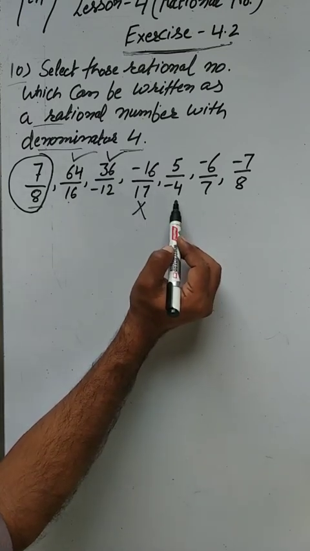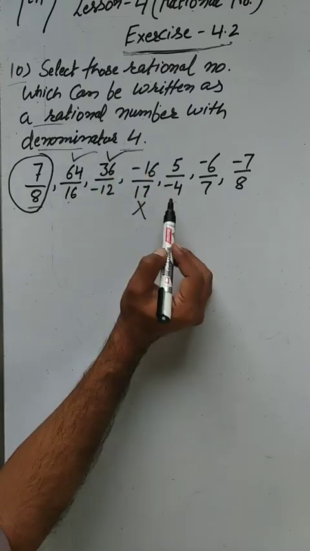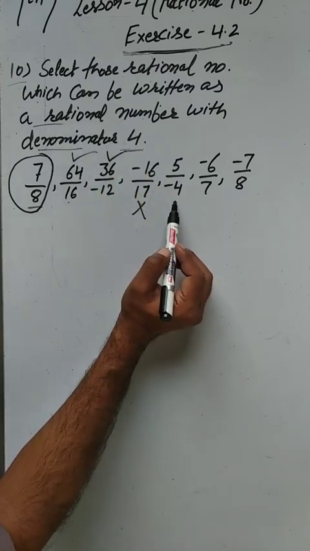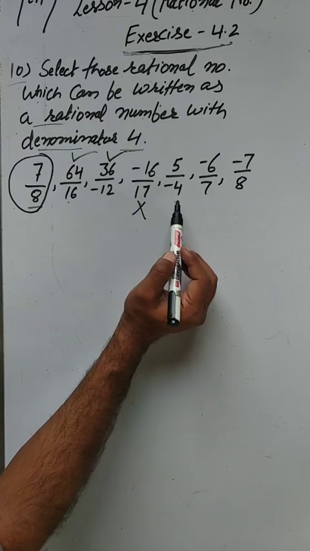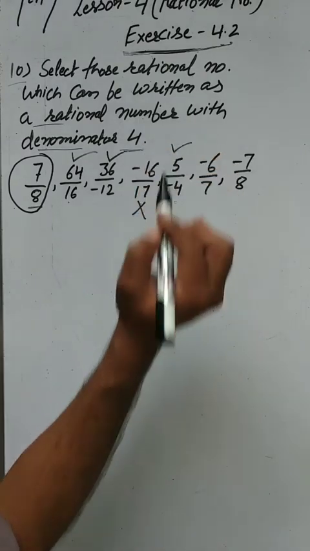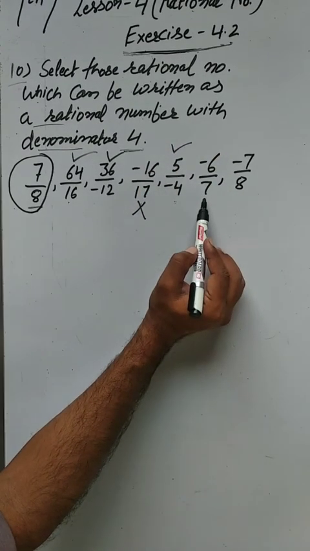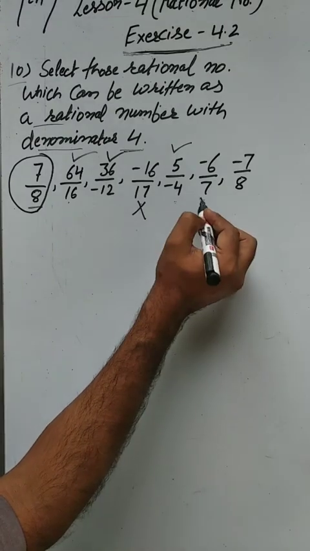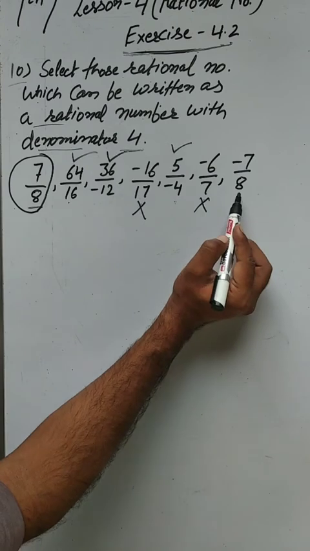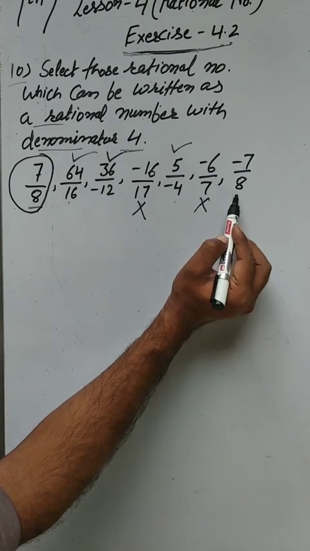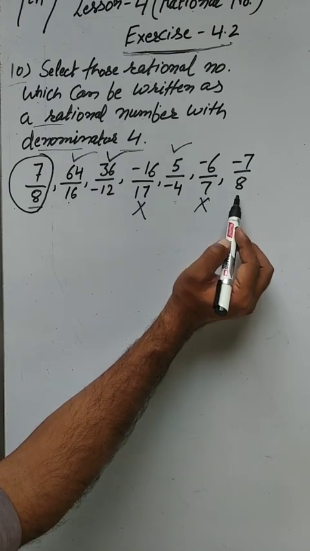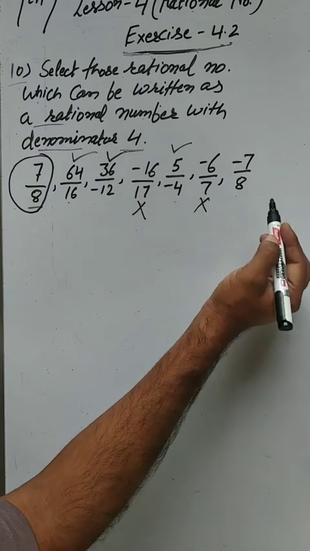Can I change minus 4 into 4? Yes. If minus 4 is multiplied by minus 1, it will be changed into 4. And in the next, the denominator is 7. Can I change 7 into 4? No, it's not possible. And in the last, the denominator is 8. Can I change 8 into 4? Yes, definitely, 8 divided by 2 will be changed into 4.